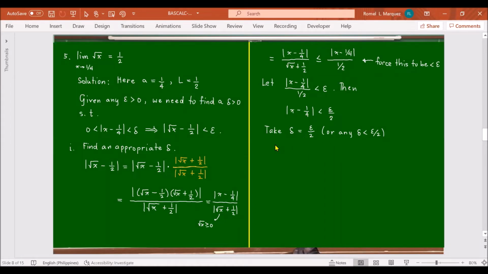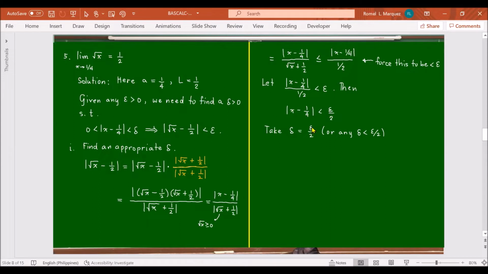Now, we have to take note that this is a radical, and a radical has values of x that can make it undefined. And our fear is that if we assign a value of epsilon, we might have an open interval that contains values of x to the left of 0, which are not in the domain of square root of x. So it's all right if epsilon is small. What if epsilon is, let's say, 2?